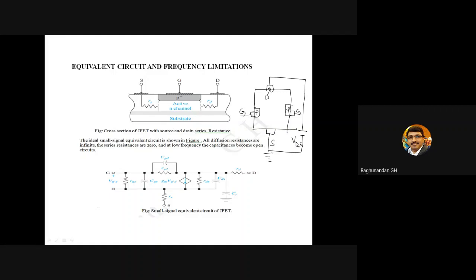That means there will be a connection between the drain and the source, and it offers some resistance, because a voltage source will always offer some resistance. If you are connecting drain and source through a voltage source, then there should be a resistance. That resistance is known as drain to source resistance.